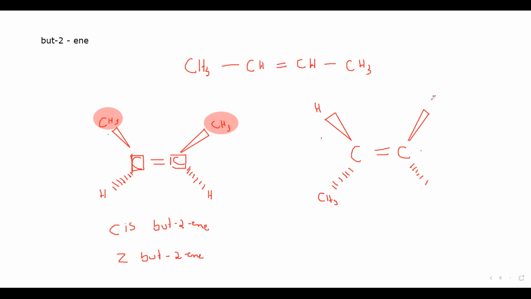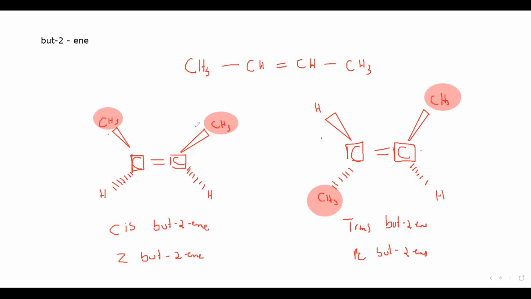But for the second one, CH3 is into the plane and hydrogen is out. So you can see the heavy groups. For the heavy group, you check the mass. CH3 has more mass. When I check the carbon, the heavy groups are attached on the opposite side. So when heavy groups are attached on the opposite side, then it is trans butene, or we can also say it is E butene.